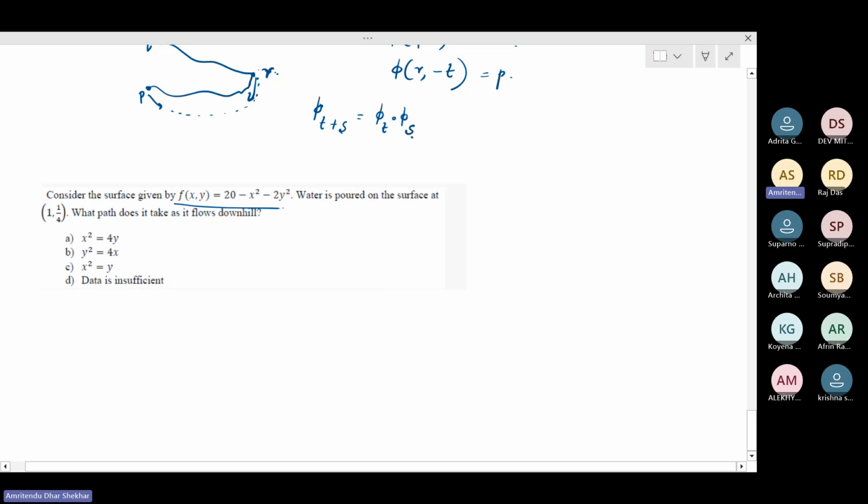In other words, it's a surface which is given by a graph of a function. Okay. So just write it over here. Surface.